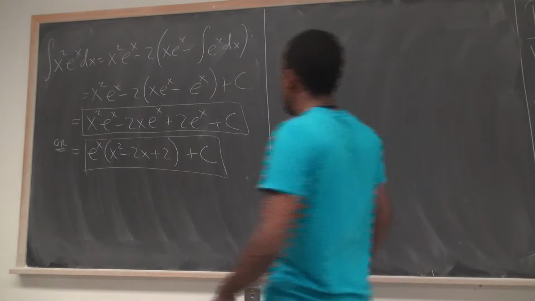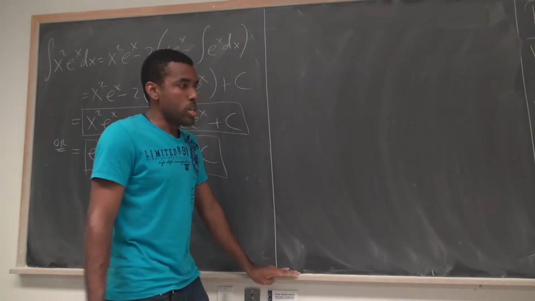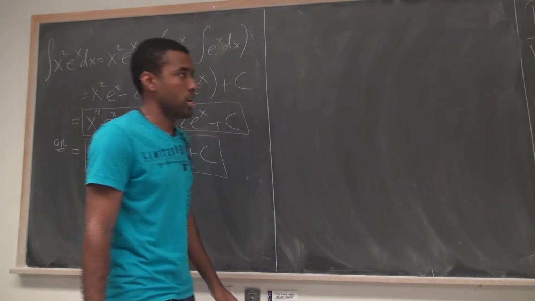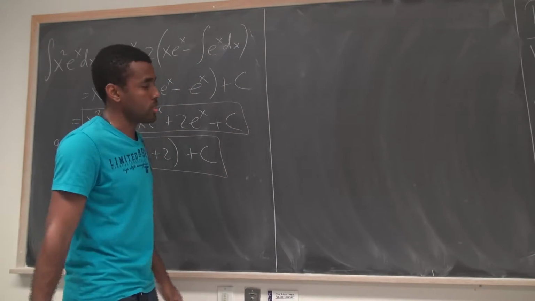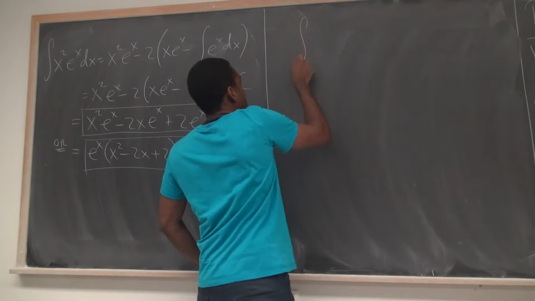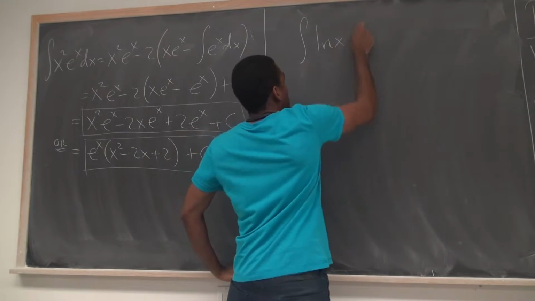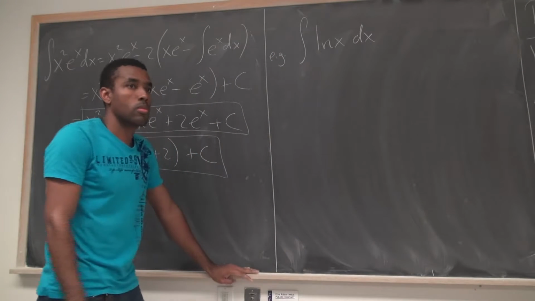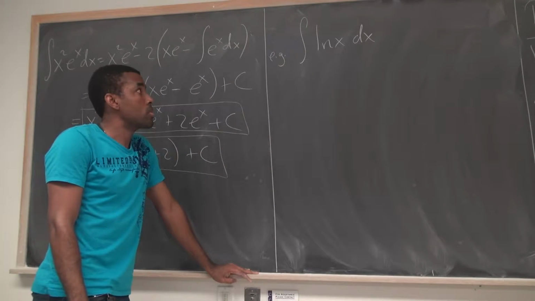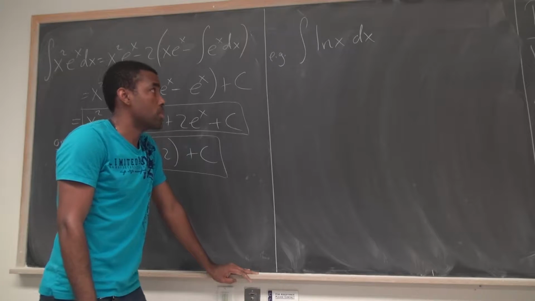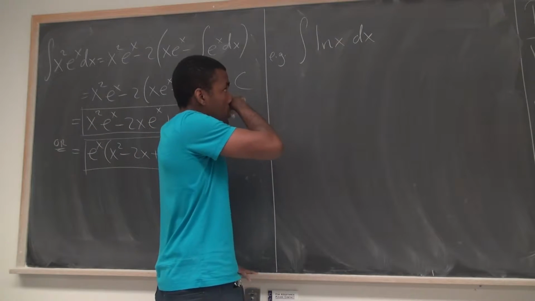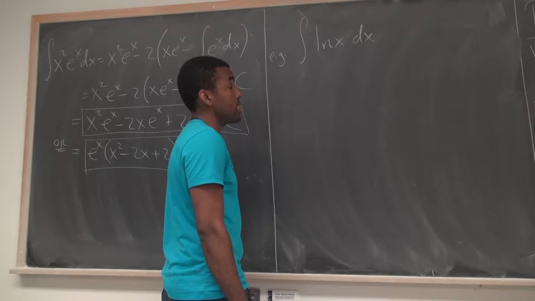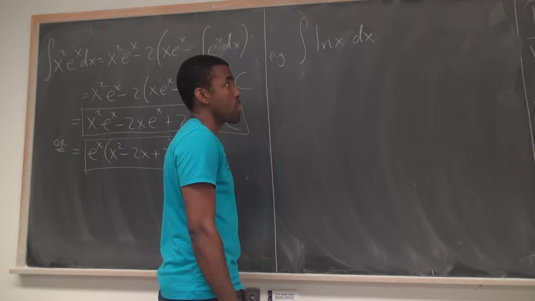Let's do a weird one. So we know what the integral of 1 over x is, right? That gives you ln of absolute value x. What's the integral of ln x, though? So this is one of the ones where you're like, I don't really know how to integrate that, and it's not really a product.